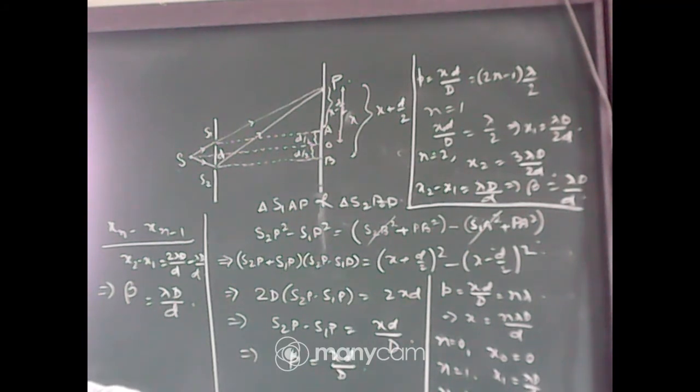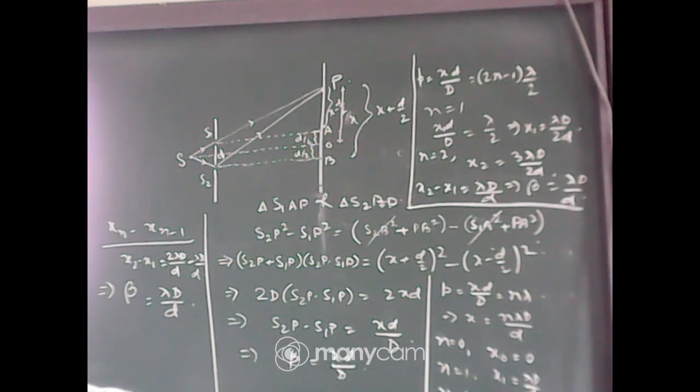Okay? And measurement of wavelength. How can you measure the wavelength? From that formula, from that derivation. Young's double slit experiment can be used to determine the wavelength of a monochromatic light.